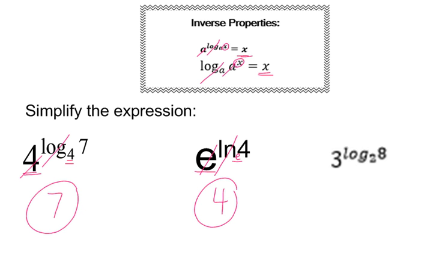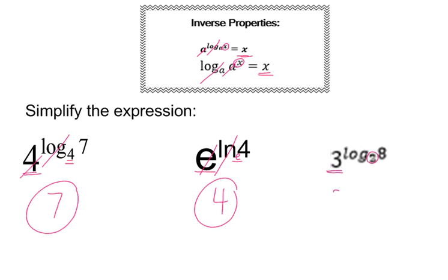Now last one. Make sure we're being careful. Just because we see something raised to an exponent that has a log term in it doesn't always mean it cancels. Here I have exponent base 3 in my log expression. I know it's blurry, but that's base 2. Are those like bases? No. So don't just start canceling just because you see something that looks like that. It has to be like bases in order to cancel.